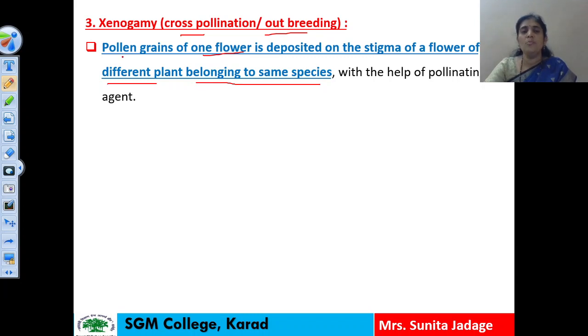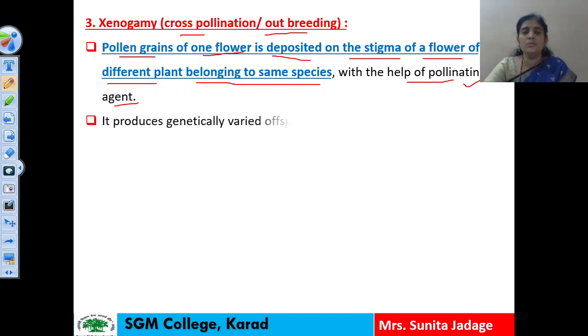Pollen grains of one flower are deposited on the stigma of a flower of a different plant of the same species with the help of a pollinating agent. Two different plants take part in the pollination process.